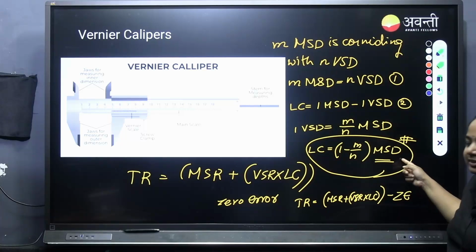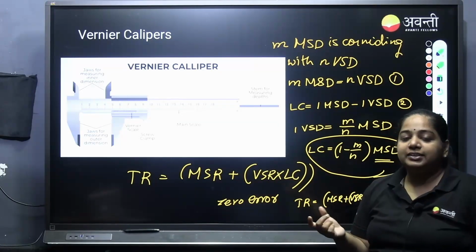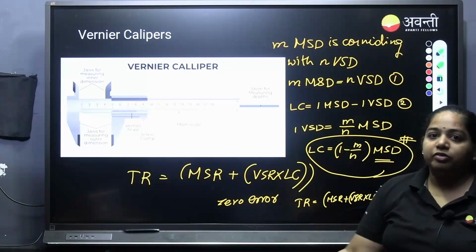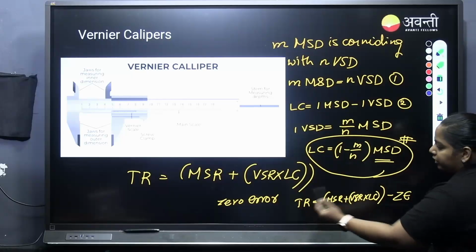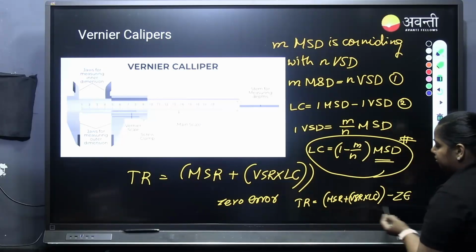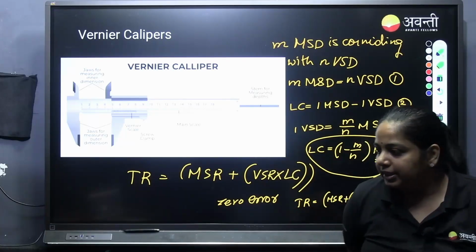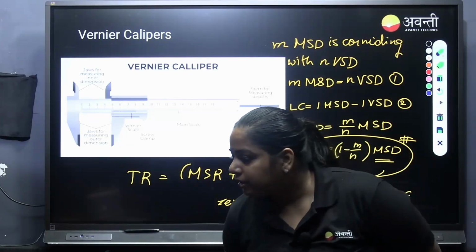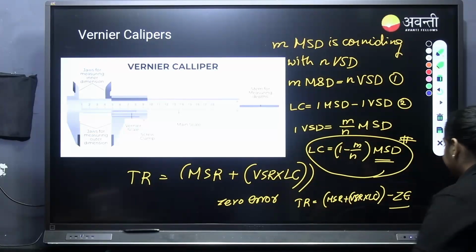First you find the least count, then substitute it here. In some cases they will give zero error for vernier calipers also. If zero error is given, total reading will be this term minus zero error. Okay, is that clear? The last line is not visible, this one.